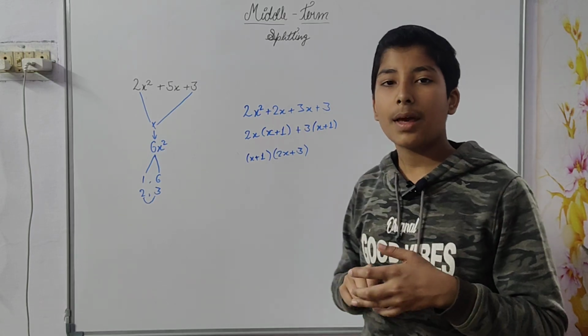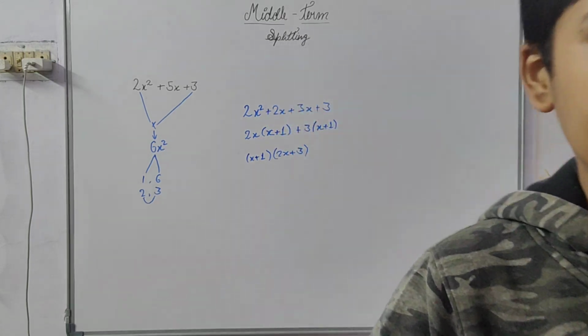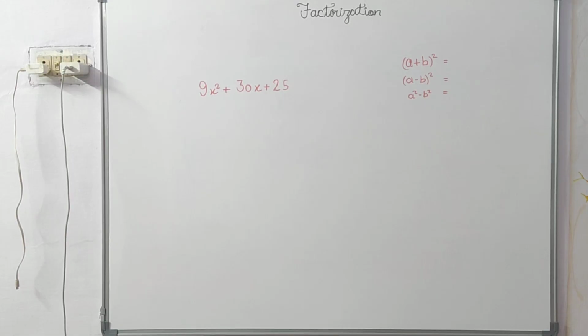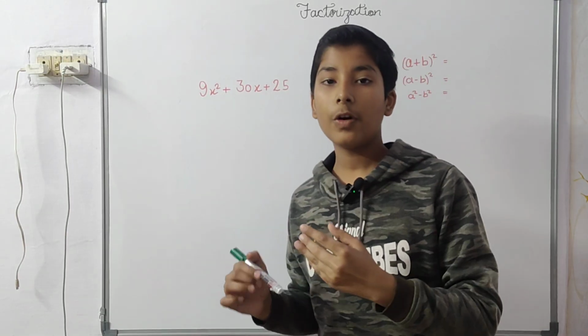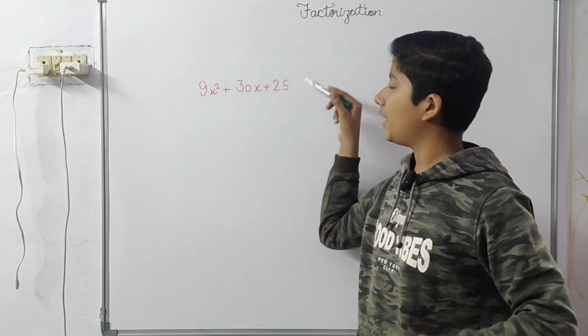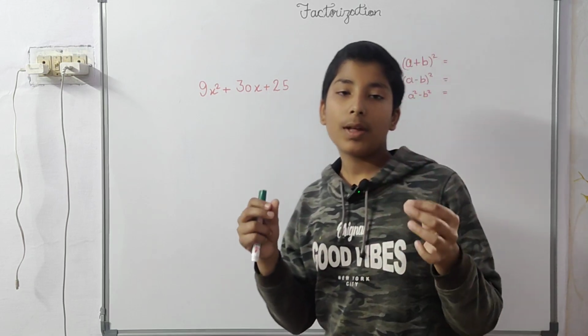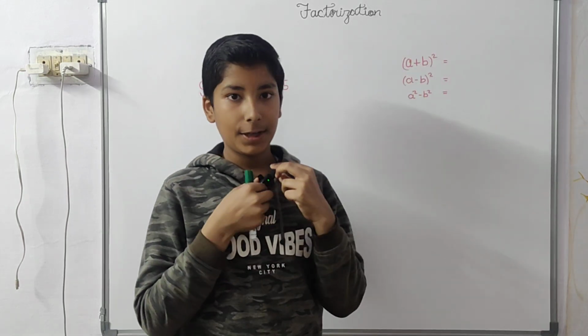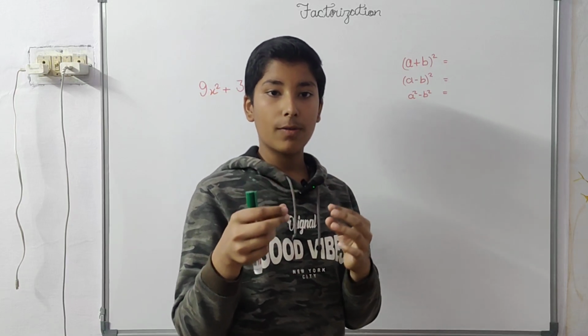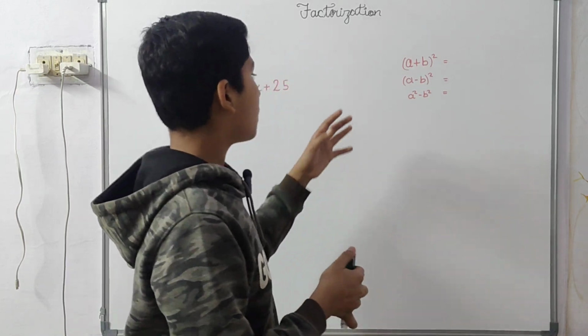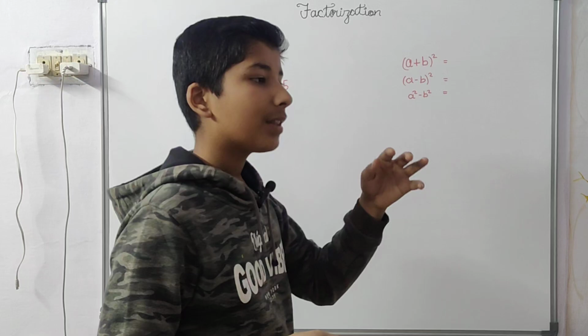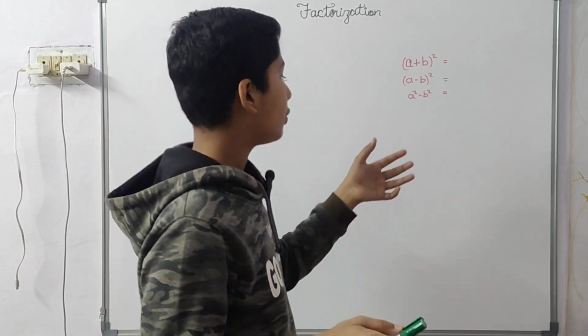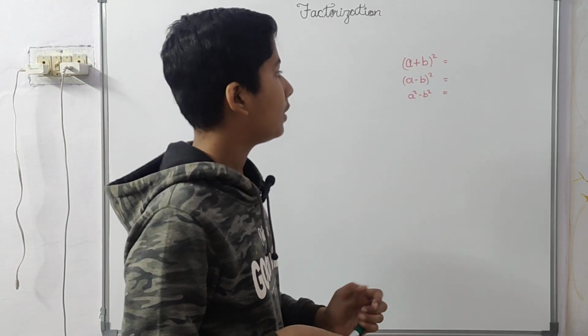Let's take an example of using identity. See friends, for doing this by identity, you have to firstly learn these three identities. I know the students who are from class 9th, they already know these identities, but the students of class 8th should know this identity because it is new for them.